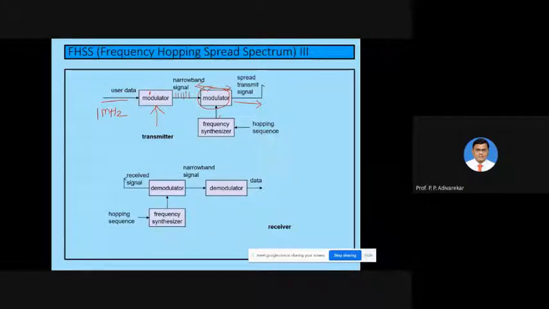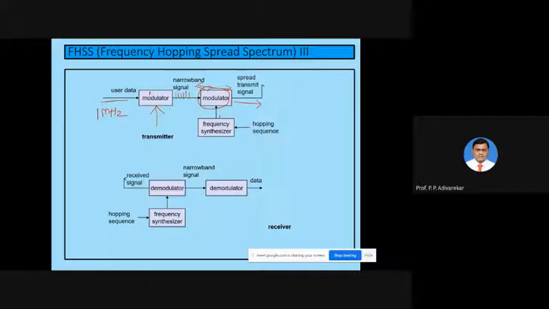That means initially user data is converted into a higher frequency narrowband signal. This narrowband signal hops to one of the frequencies generated by the frequency synthesizer. Synthesizer means it will generate signals with different frequency levels.